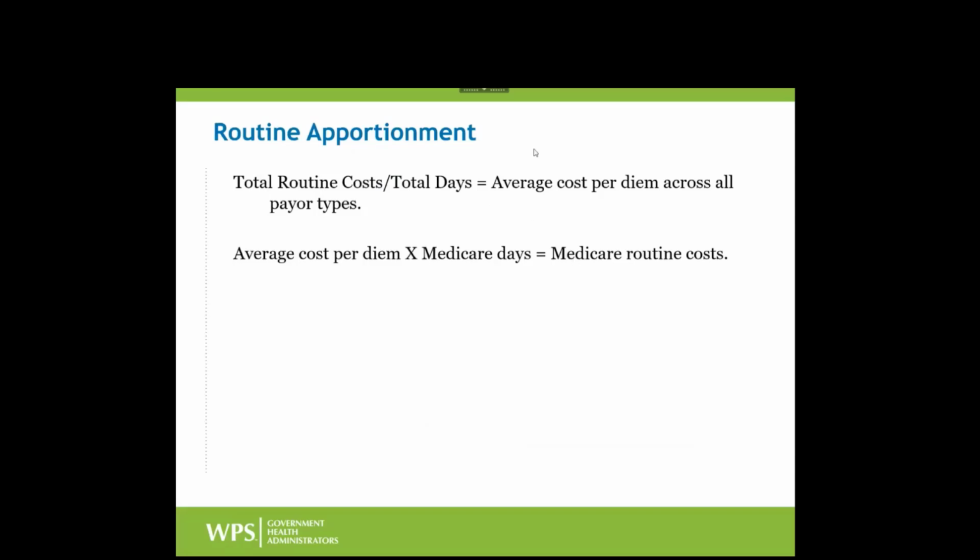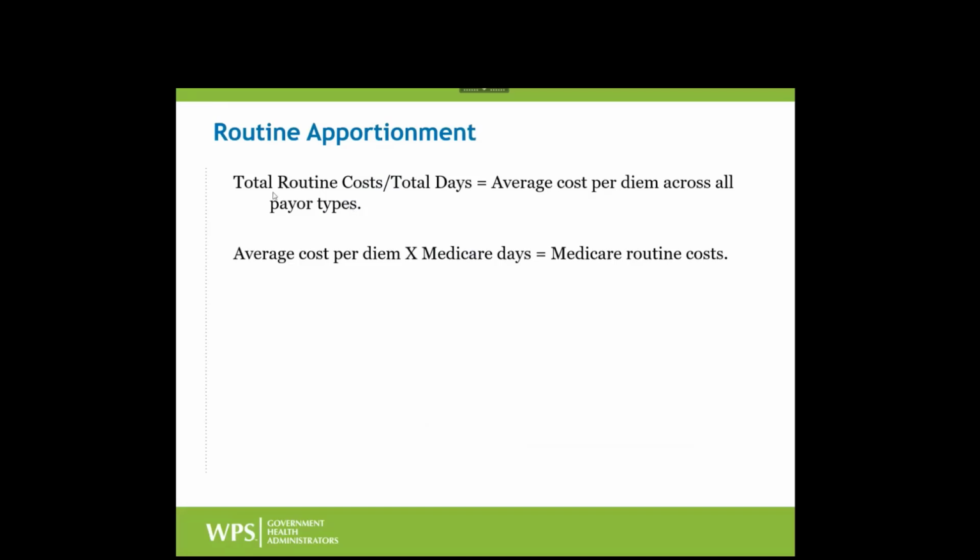Now, the routine side of things, and this is your adults and peds, your ICU, it's just the room and board. It's the fact that a patient's in that area for a day, getting the general level of care that one would expect in that area. So instead of trying to figure out the relationship between charge and cost, we assume that every day should on average be the same.